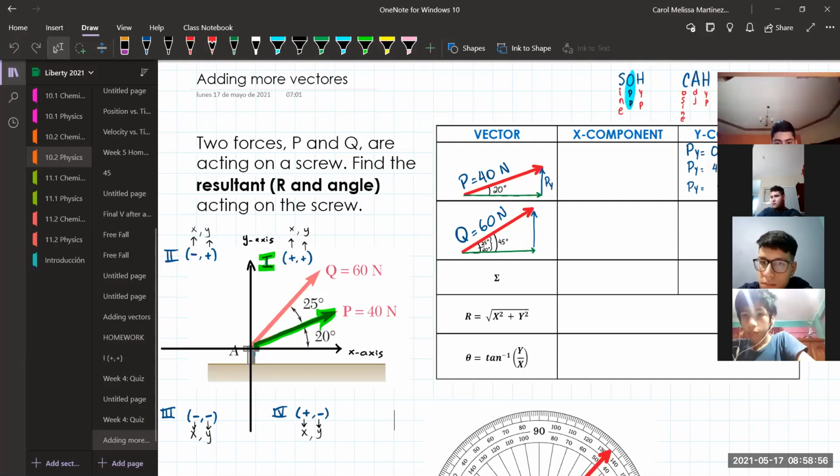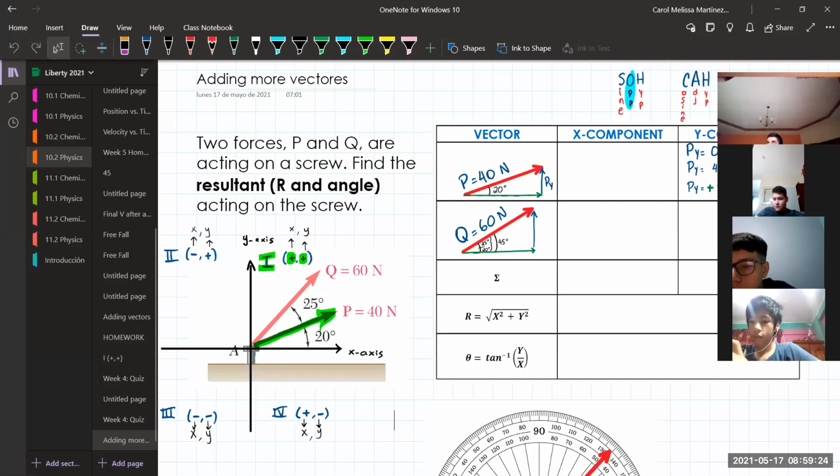So what are the signs that you are going to write in the components? The signs are given by the quadrant. It's going to be positive for x and positive for y. That is another way to write the signs of the vectors, okay? So you put the positive over there, and you can write also the arrow. That's for the y component.